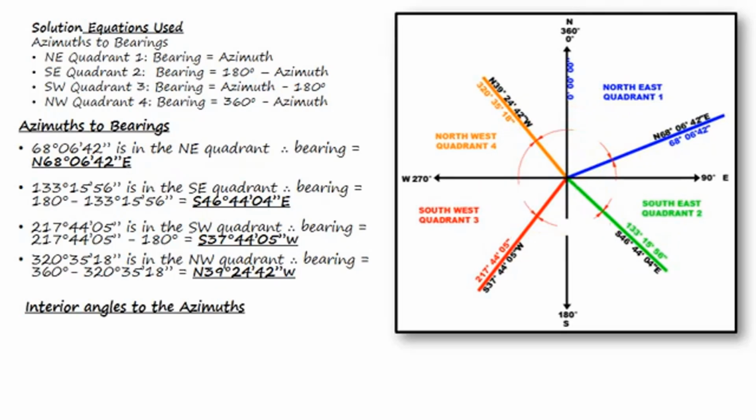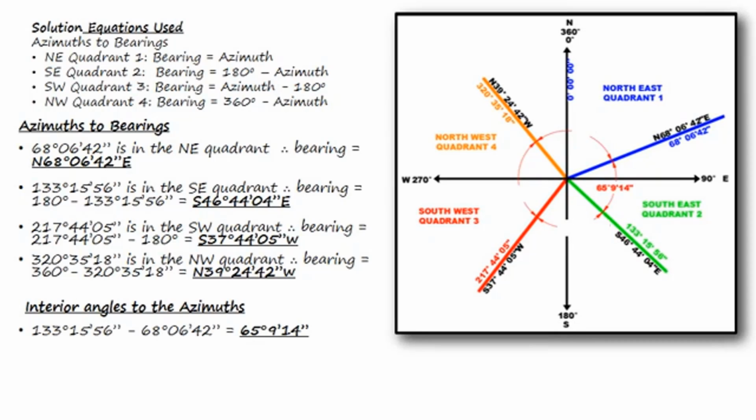Now, the next part asks what the interior angles between the azimuths are. So starting with the 133 degrees and the 68, and I'm not going to say all the minutes and seconds. So it's 133 degrees minus the 68 is going to give us this angle in here.